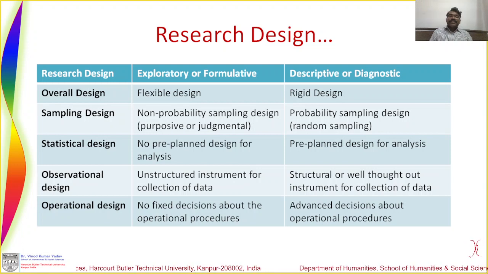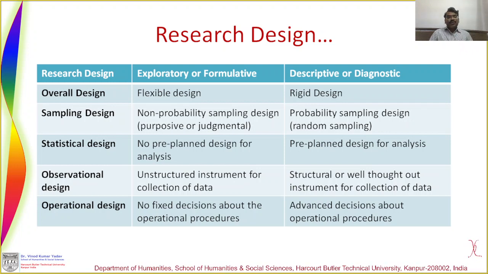That means, for example, when you know the problem, then you choose random sampling. Say a company says that my sale is declining in Kanpur region. So you will make a probability sampling, random sampling amongst the customers, because you want to investigate the reason.